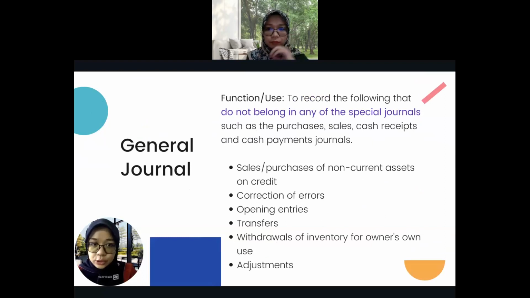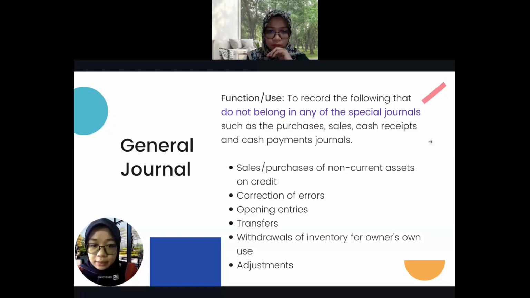General journal is used to record the following transactions that do not belong in the remaining 6 journal, such as purchase, sale, cash receipt, cash payment, return inward and return outward.